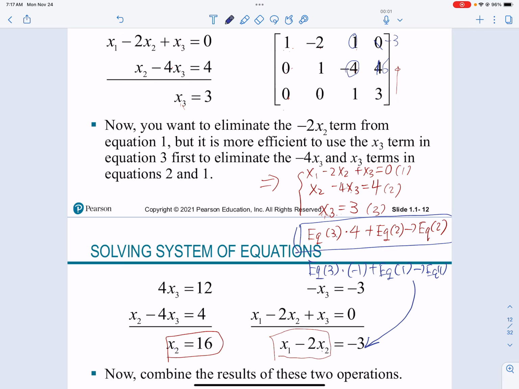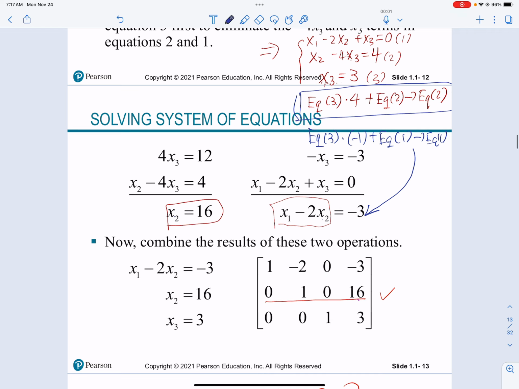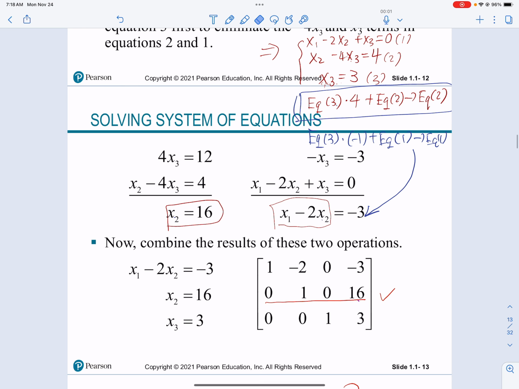So this step, what will you get? You will get this matrix. Are you with me? And then what will be the last step? What do we want? x3 here is 3. And here x2 is what? 16.